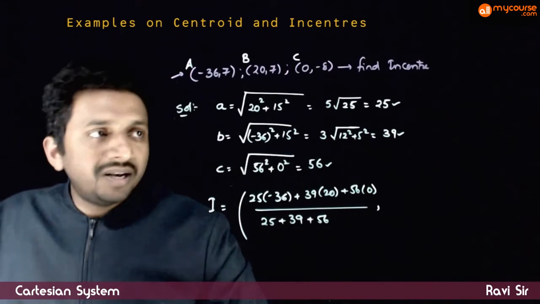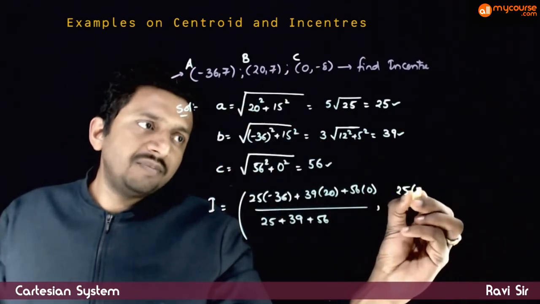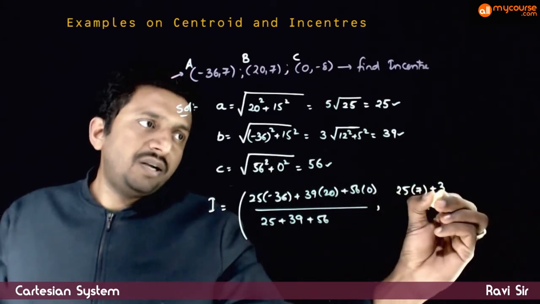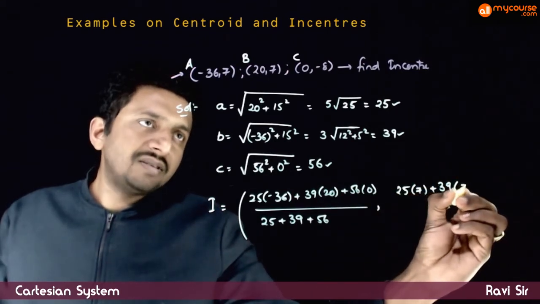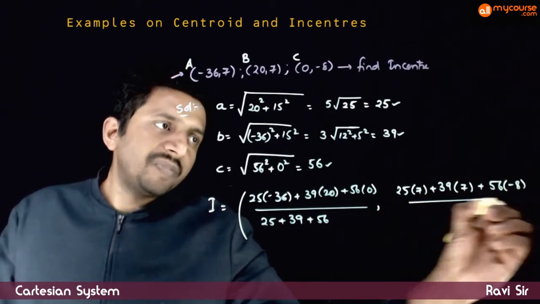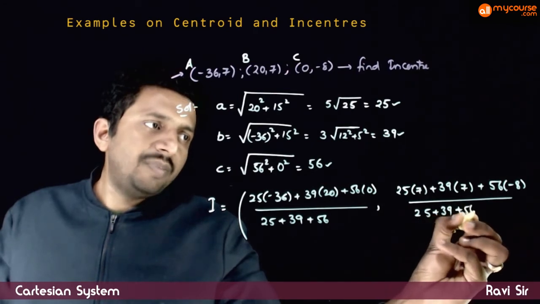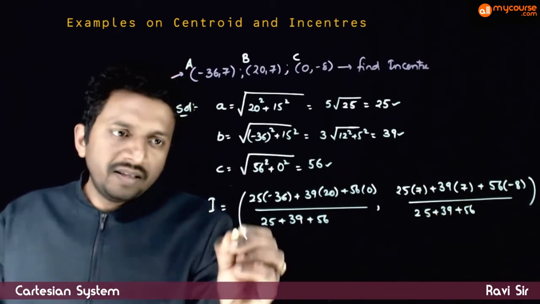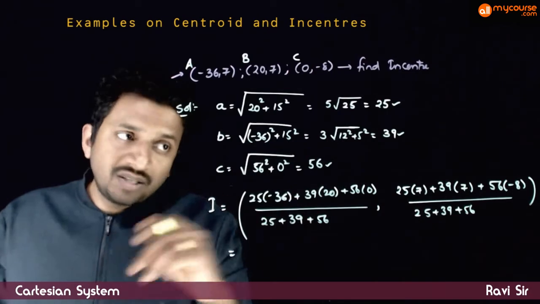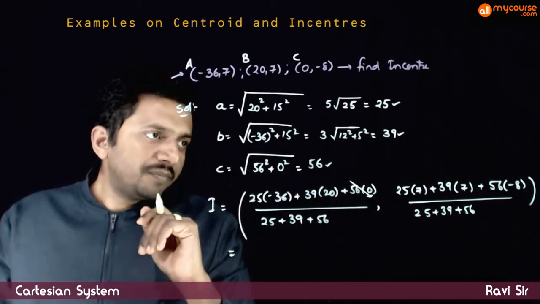And what is the y coordinate? Again a y1, 25 times 7, plus b y2, 39 times 7 again, plus 56 times minus 8, by 25 plus 39 plus 56. So you can try to calculate these values. 56 into 0 is 0.